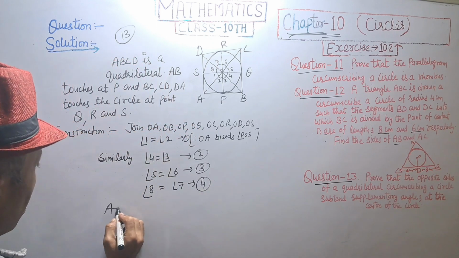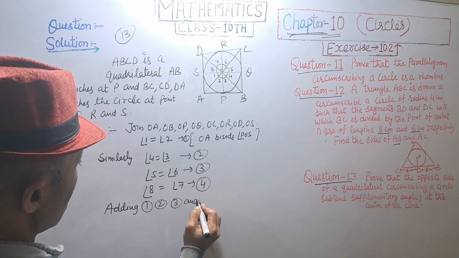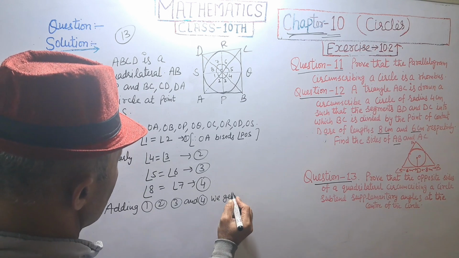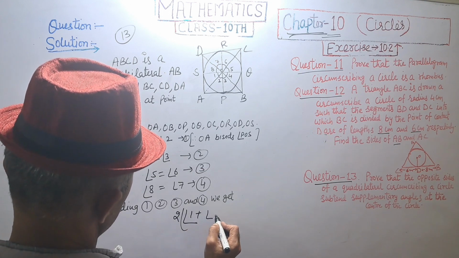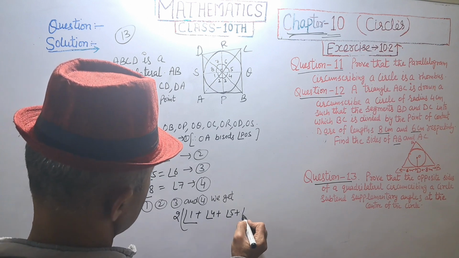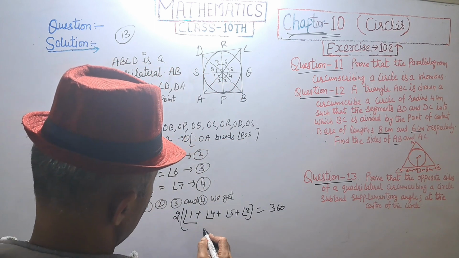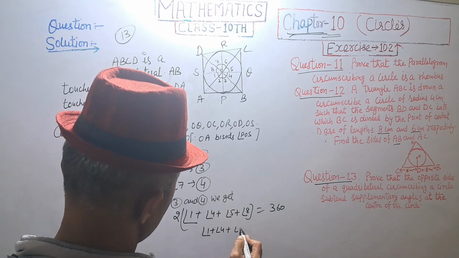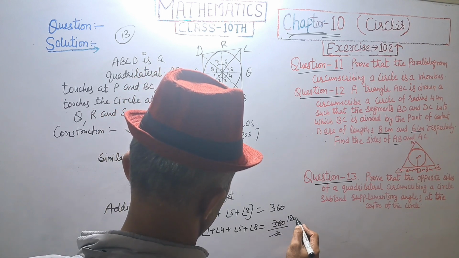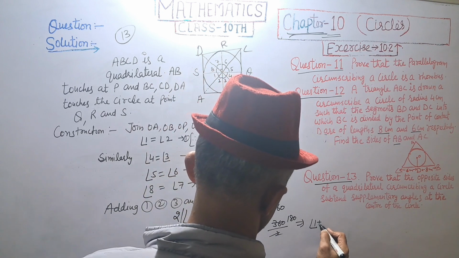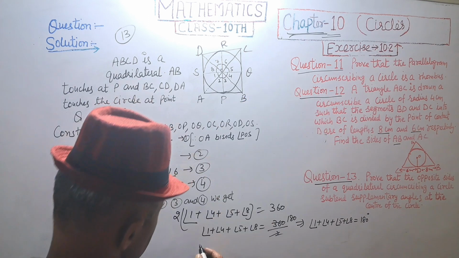Adding first, second, third, and 4, we get 2 times of angle 1 plus angle 4 plus angle 5 plus angle 8 is equal to 360, so angle 1 plus angle 4 plus angle 5 plus angle 8 is equal to 360 divided by 2, which is equal to 180 degree.